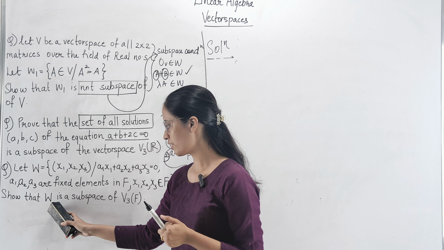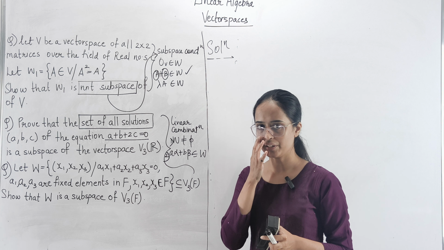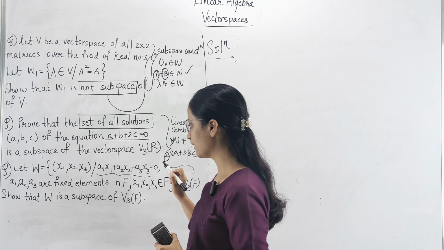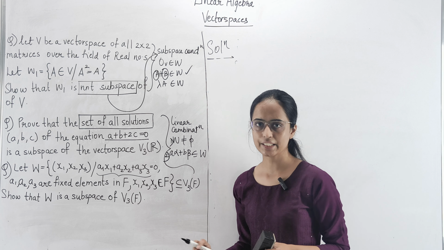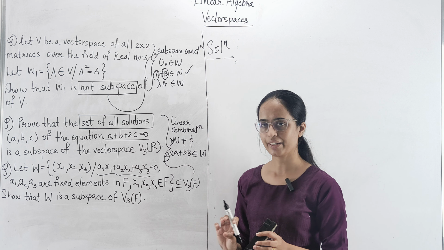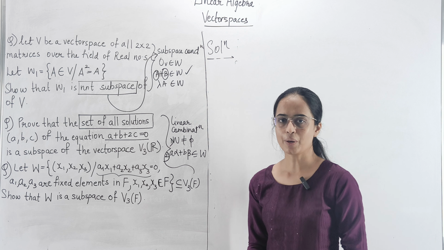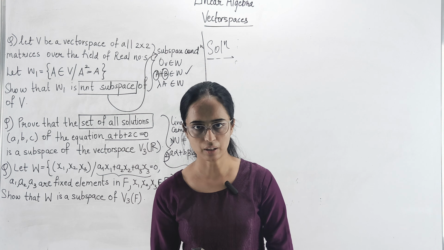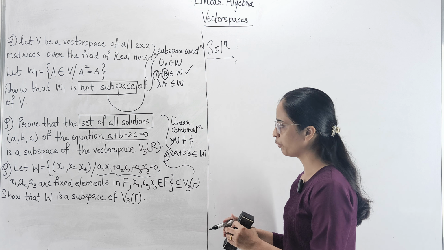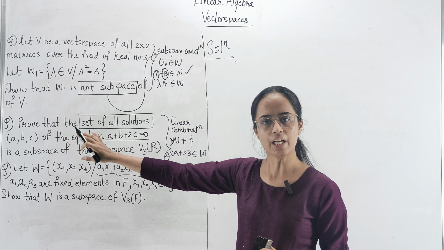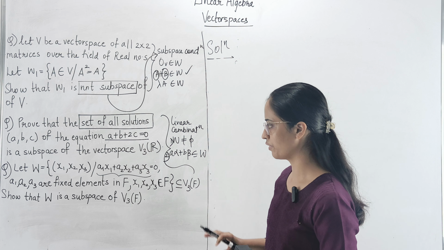You have to show that W is a subspace of V3 of F. Now here if you observe carefully, this is a linear equation. ये एक linear equation है which is equated to 0. Okay, यहाँ पे powers of x are 1 only. So whenever you have a linear equation in the conditions of the set, again you have to use method number 2 only. So we are going to exactly follow the same process that we had followed in the previous question, and we are going to solve this problem.